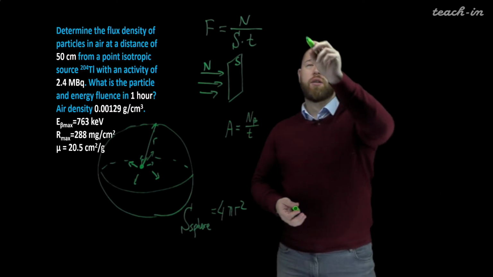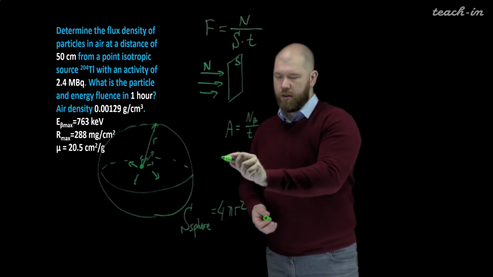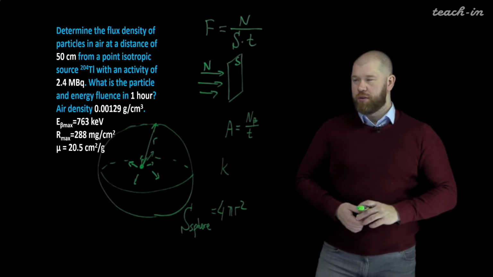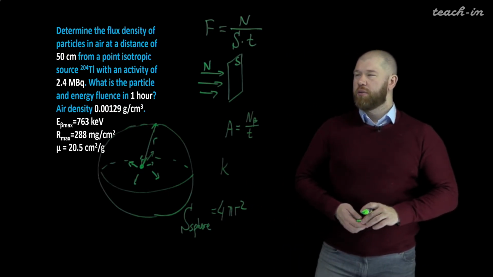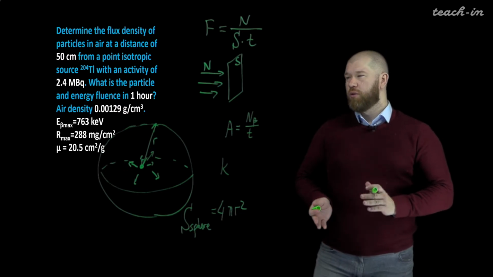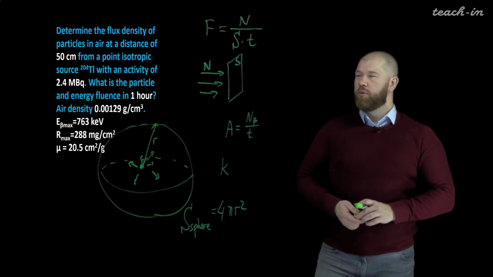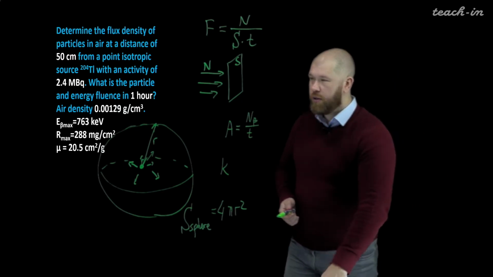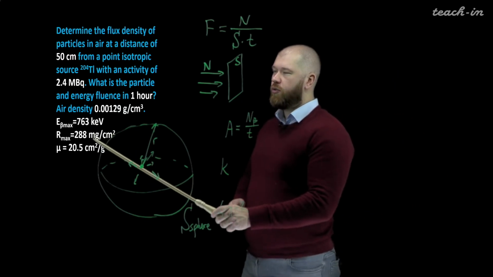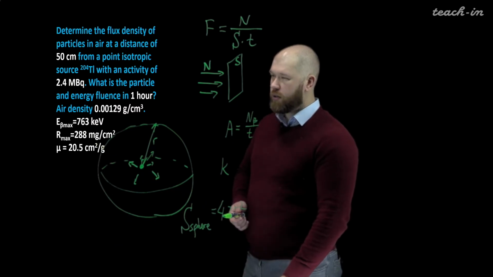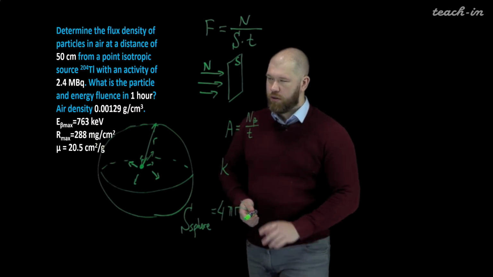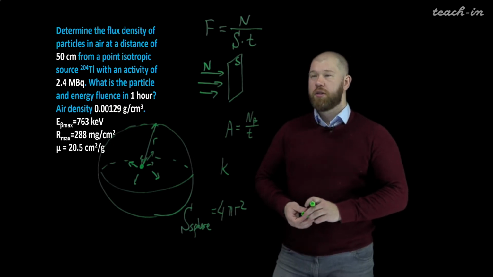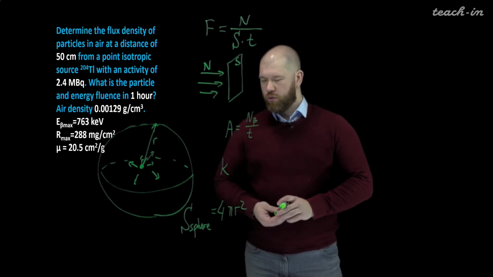So we have to calculate the attenuation coefficient for beta particles. In this case, we have quite a short distance from our point source, and we can see that the maximum range of our beta particles is quite long. We can recalculate it in centimeters. So let's do it.